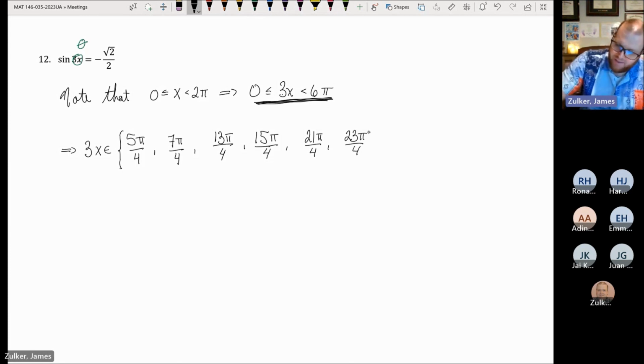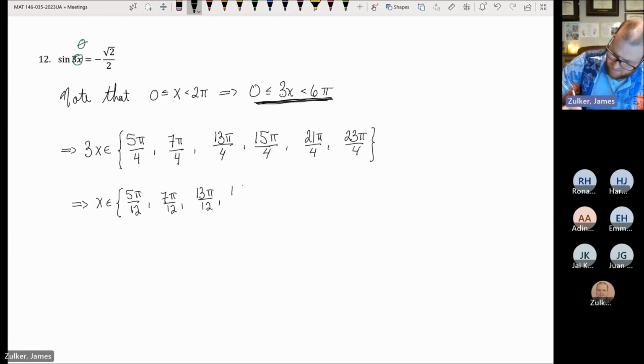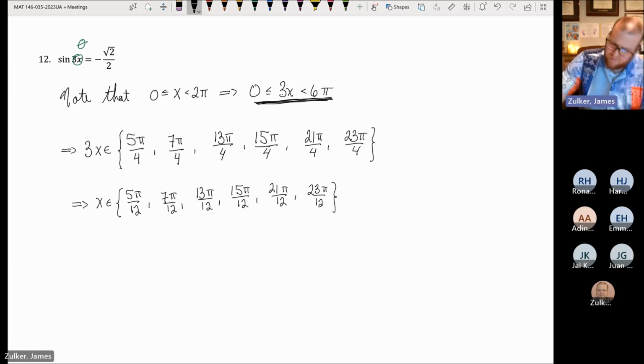That is now between 0 and 6 pi. Now just divide everything by 3, and those are going to be your x values. There's our solution set.